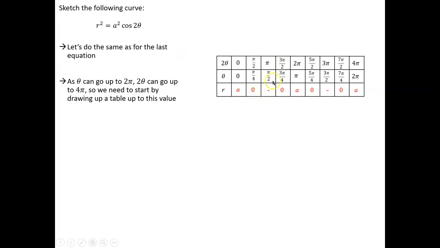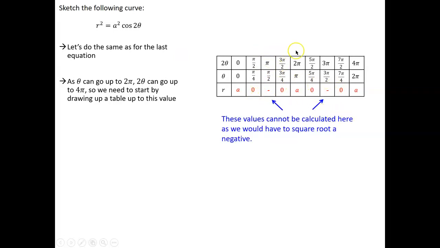Now, here and here, when I substitute π and 3π into my equation, I would get a negative that I would then need to square root, which I don't know how to do. So we're not going to plot those points.